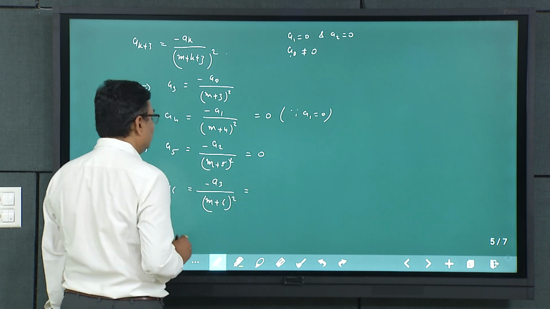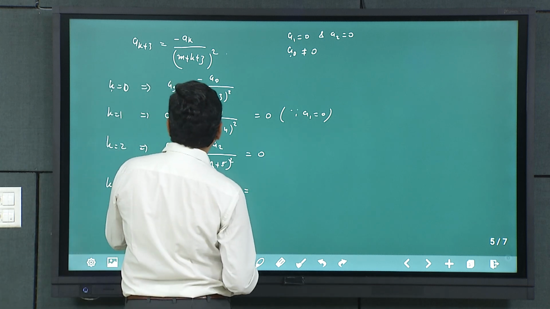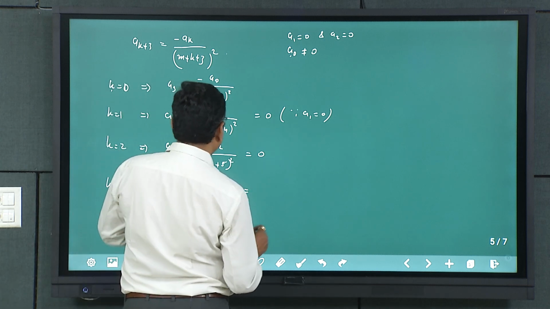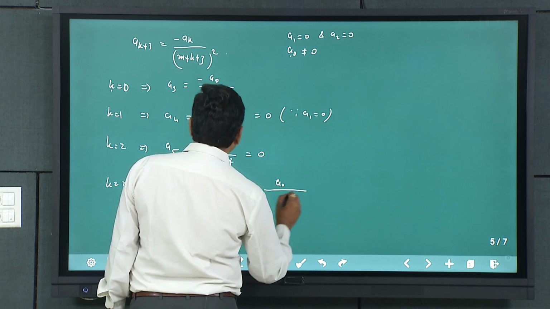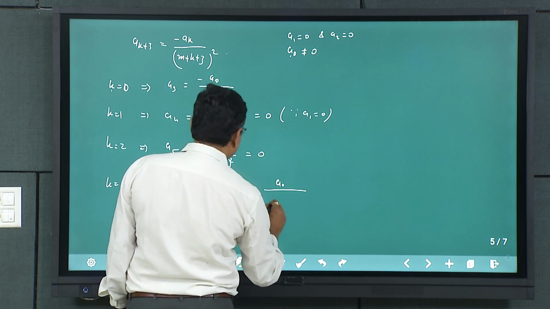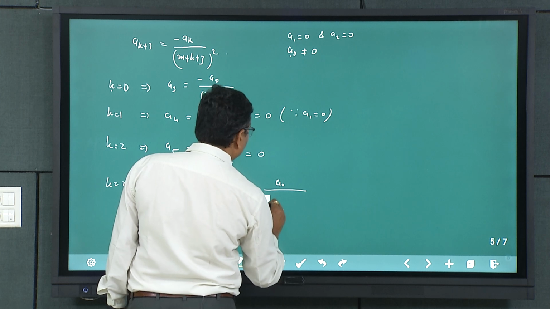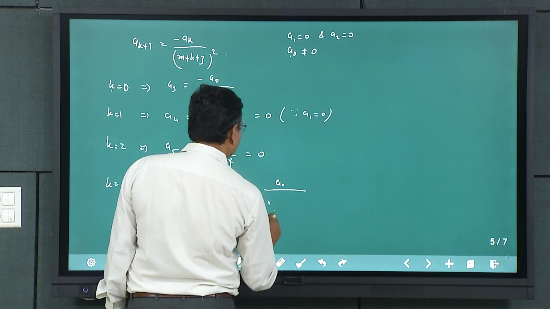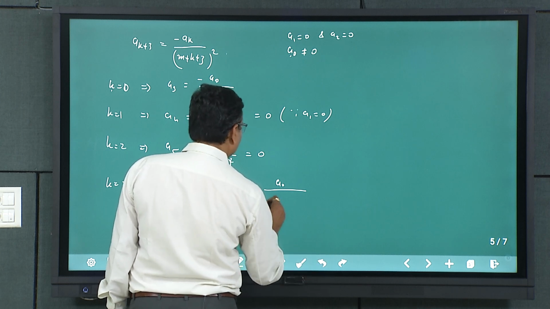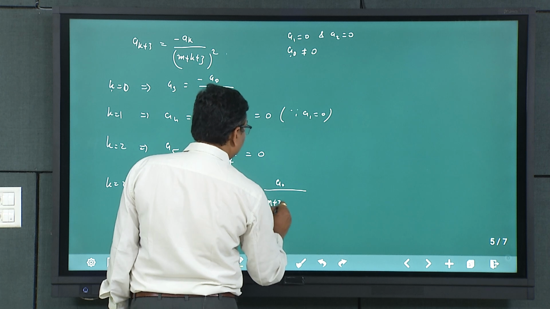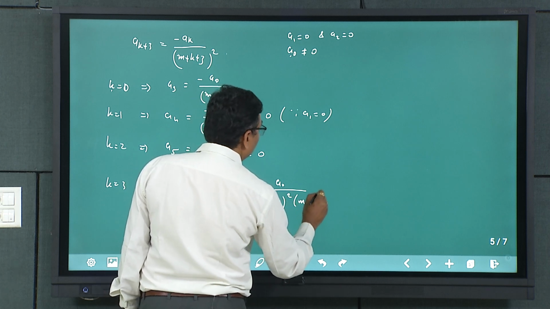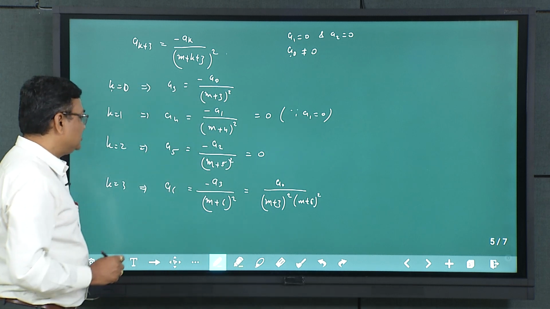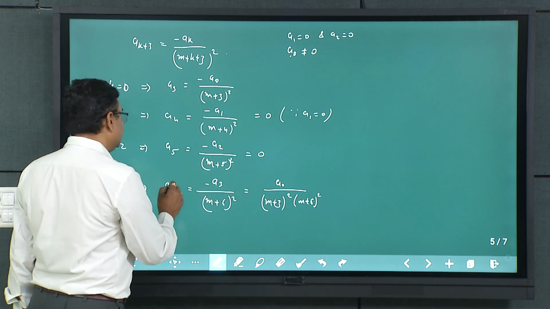Now what is a3? a3 is equal to minus a0 upon (m+3) whole square, so a6 is a0 upon (m+3) whole square (m+6) whole square, right. So this is my a6.